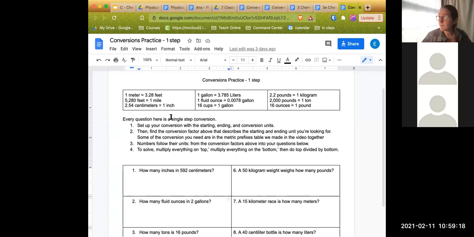So, numbers. 2.54 centimeters equals 1 inch. There you go. Got it. Awesome. I'm just going to write down what you just said because you found it and you got it. 2.54 centimeters is 1 inch.